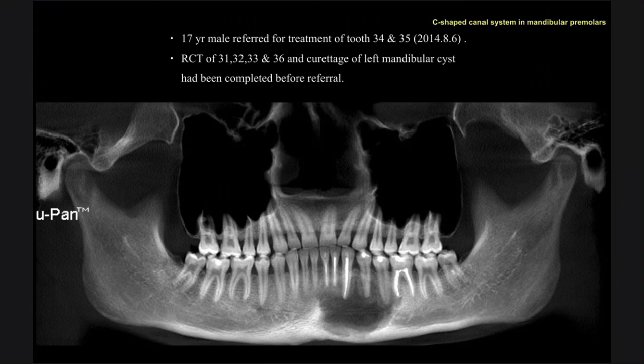From this CBCT, from this coronal plane of the CBCT, we can see tooth 3-1, 3-2, 3-3, and tooth 3-6 all obturated, but tooth 3-4 and tooth 3-5 are not treated, and in the bone there's a very big radiolucency.